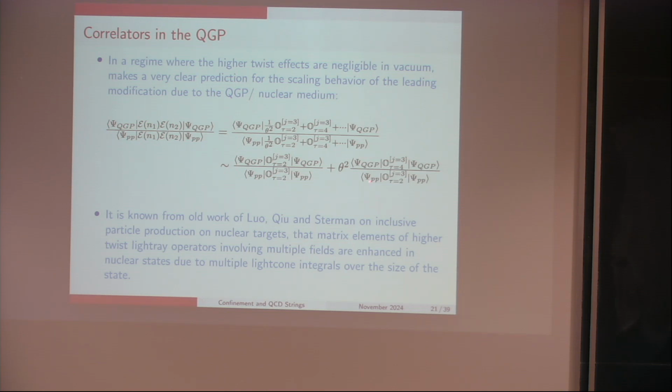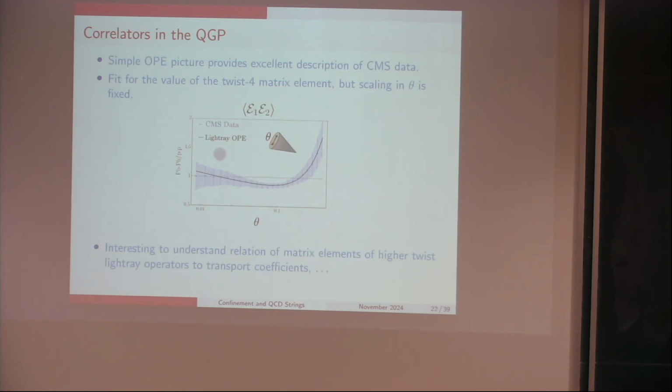But here, because of the OPE, you can reduce these jet substructure observables and use this to understand multi-point correlation functions. If you use this and just fit for the value, which is a single number of this higher twist matrix element, you can very nicely describe the experimental data. So instead of having a very complicated simulation, it's really just 1 plus theta squared, plus you put in some anomalous dimension for the twist-2 operators.